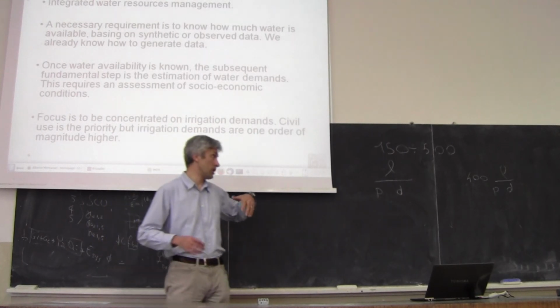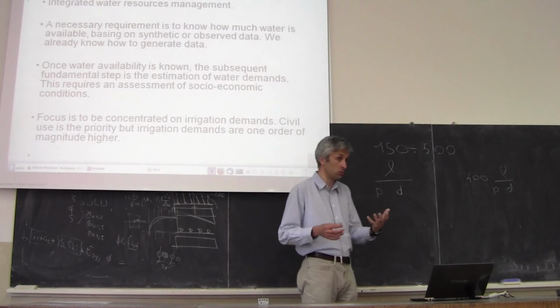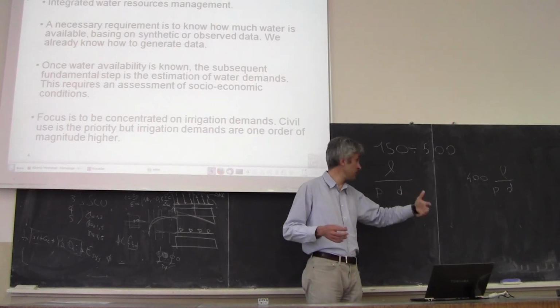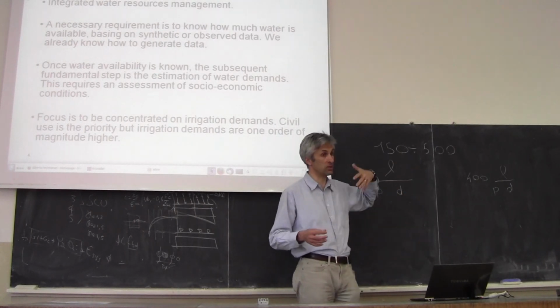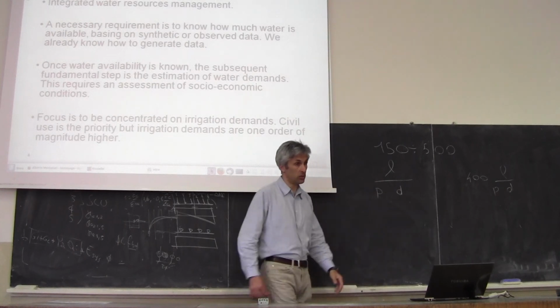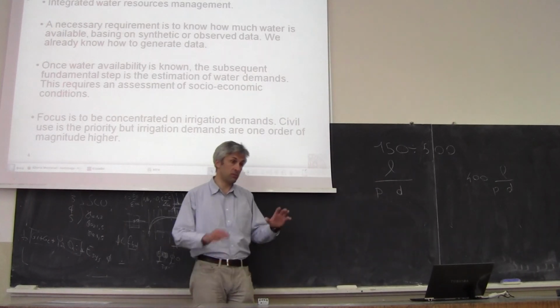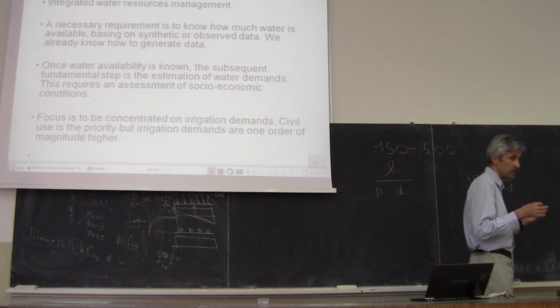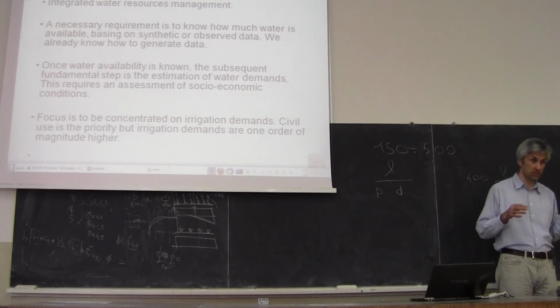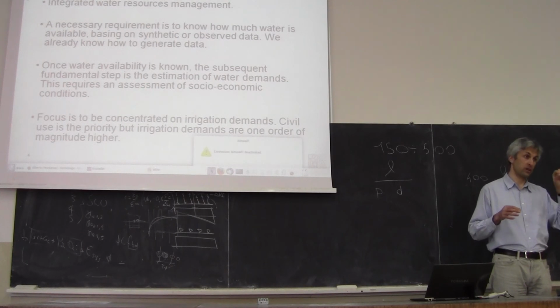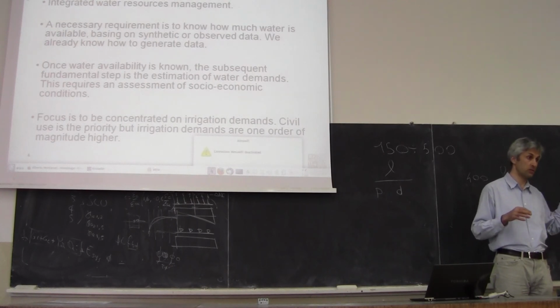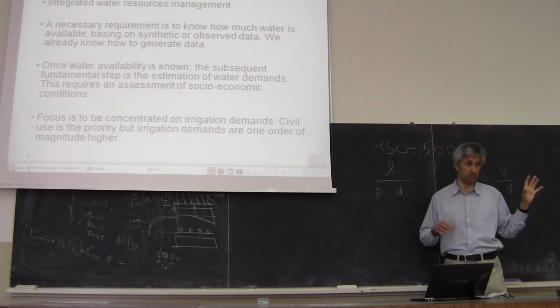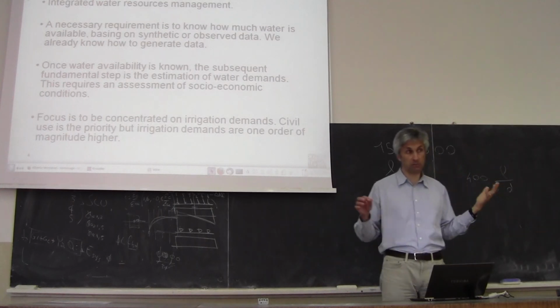And basically, once you know the equivalent people for an assigned activity, you can estimate the amount of water that is needed. Also, any type of human activity like hospitals and schools requires water, and therefore their consumption of water is estimated through the amount of equivalent people. Again, there are tables for this.